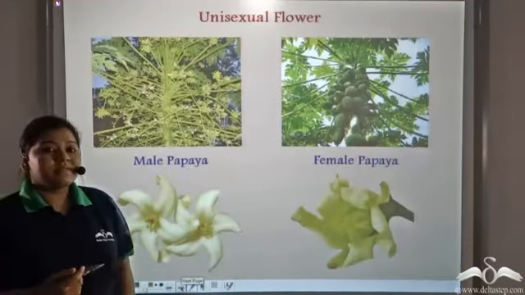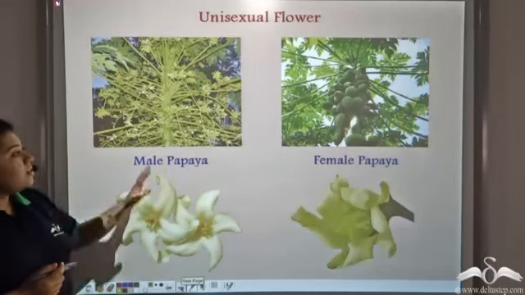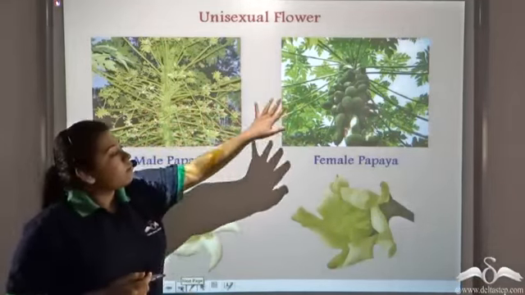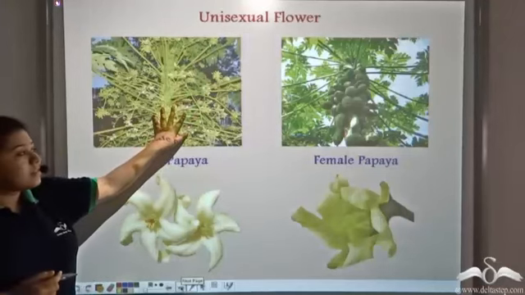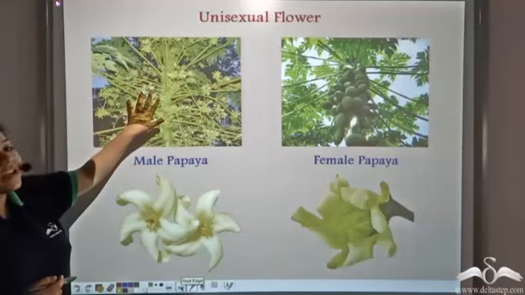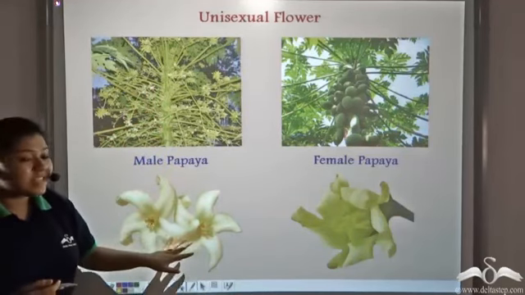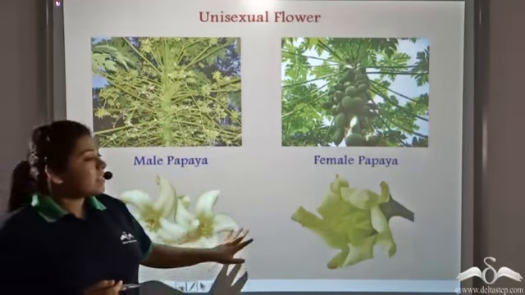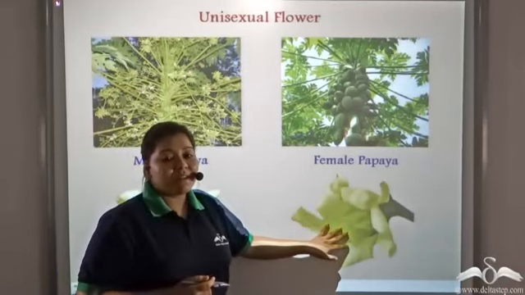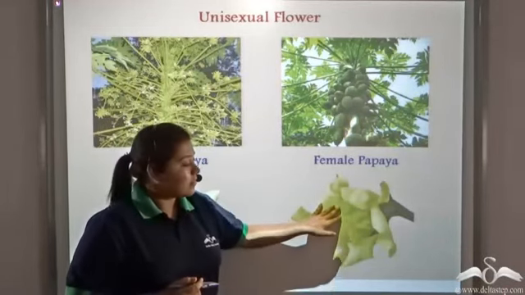Well, this is a papaya plant. Both of these are papaya plants. This is a male papaya plant which has male papaya flowers like these, and these are female papaya flowers.